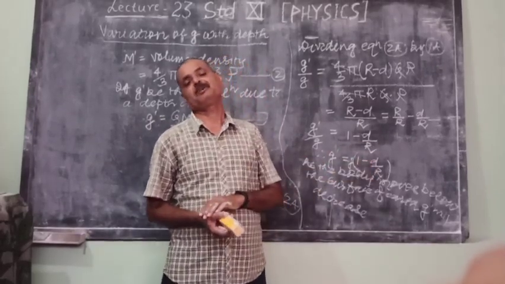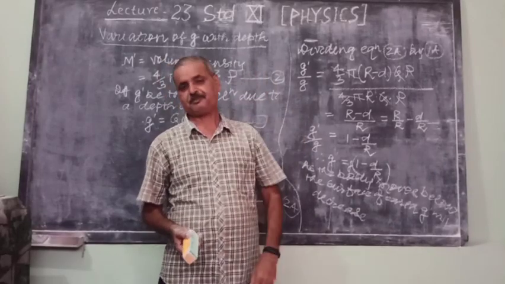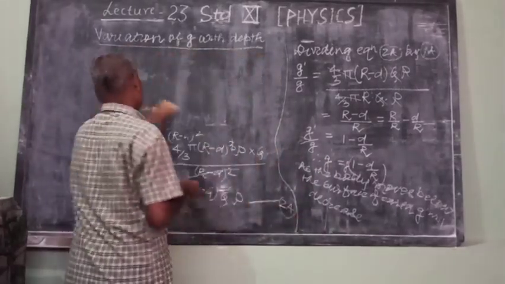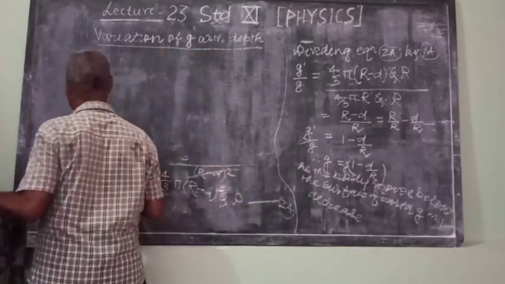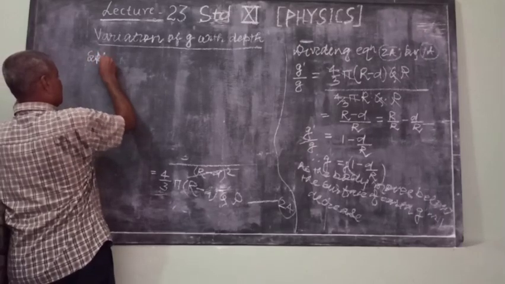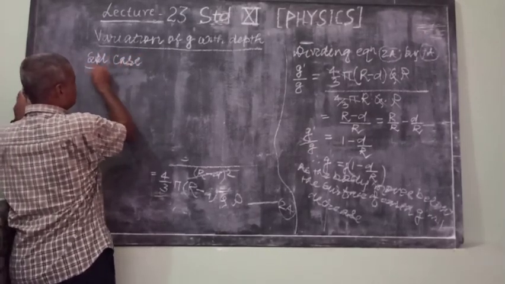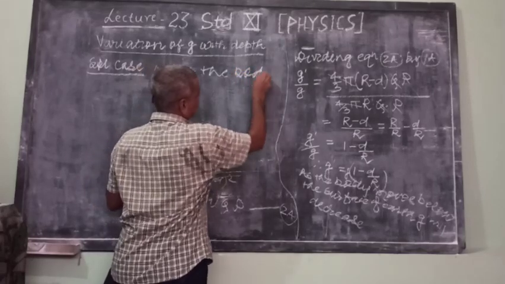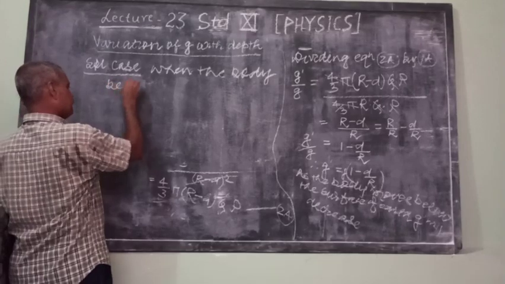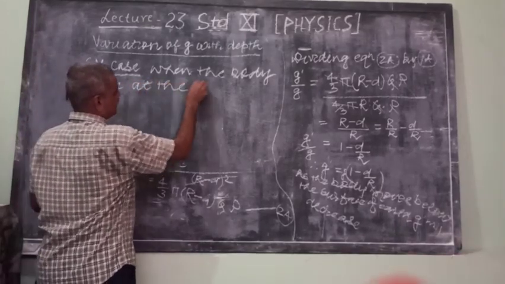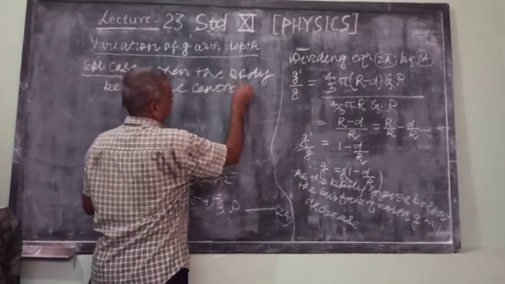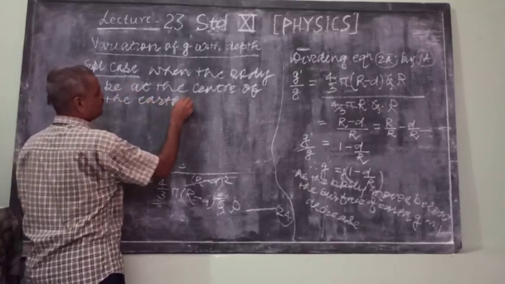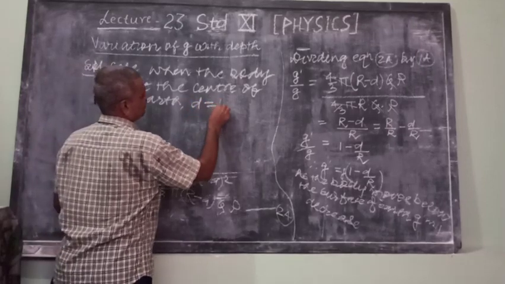If d means the depth, below the surface of earth, suppose there is a condition, a special case, when the body be at the center of the earth, what will happen to d? In this very case, d must be equal to r.